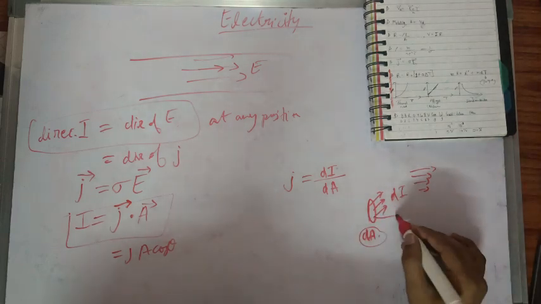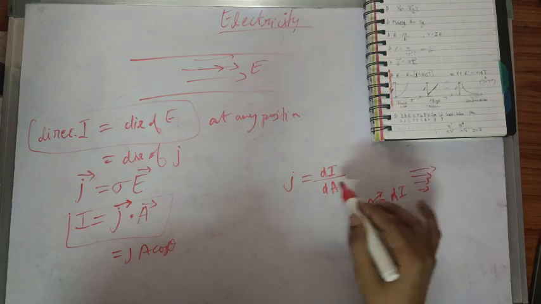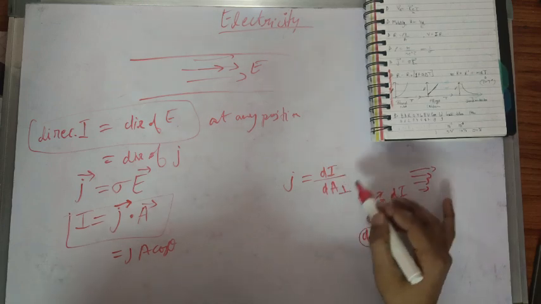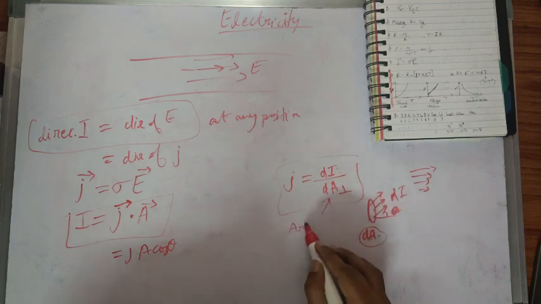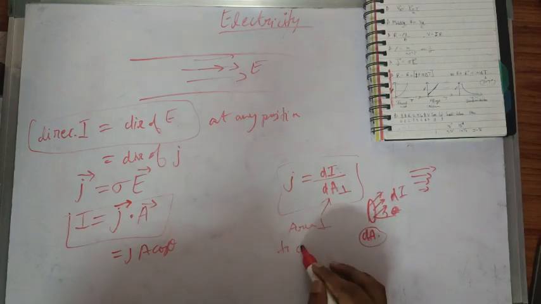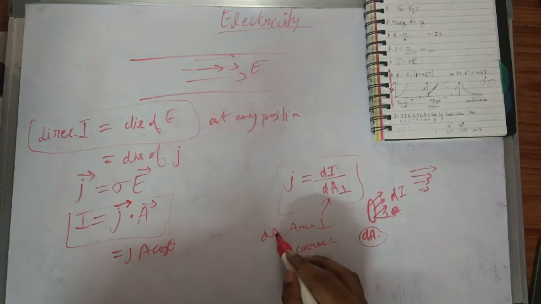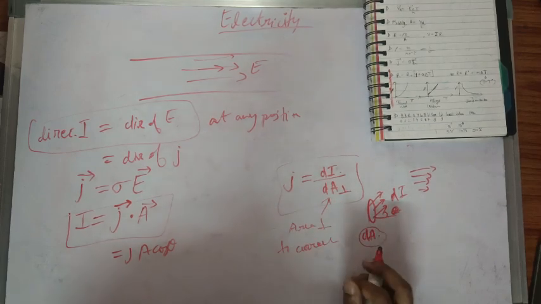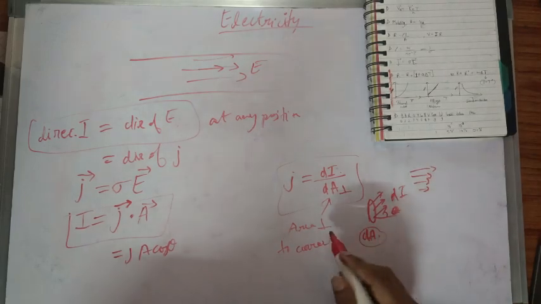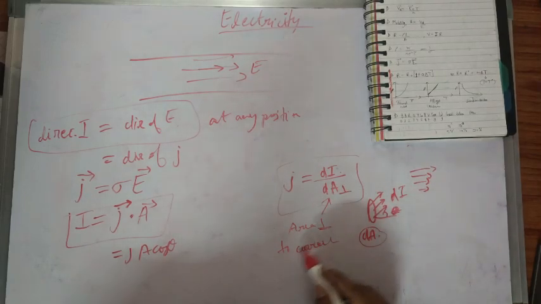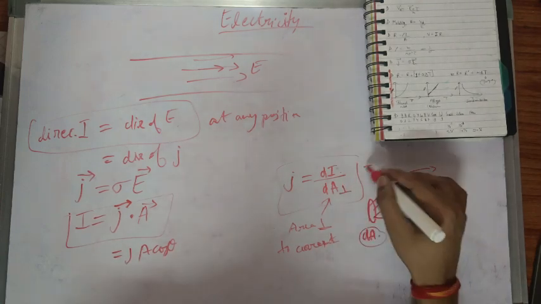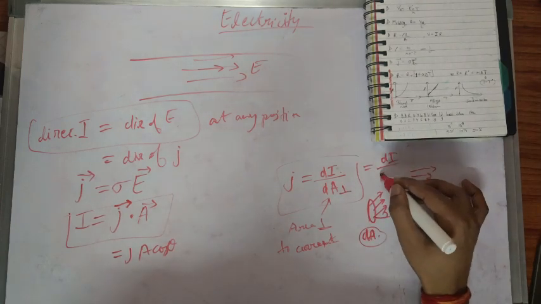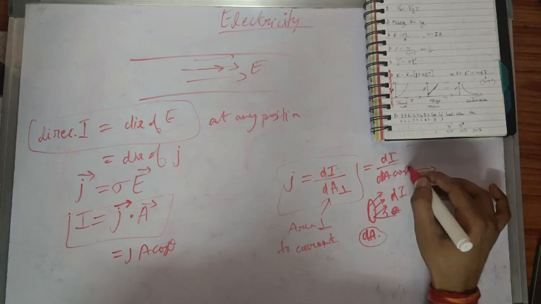Let's say they make theta angle here, then I take dA perpendicular, the area perpendicular to current. This is the dA area's projection, the area perpendicular to the current dI, so this formula will become dI over dA cos theta.